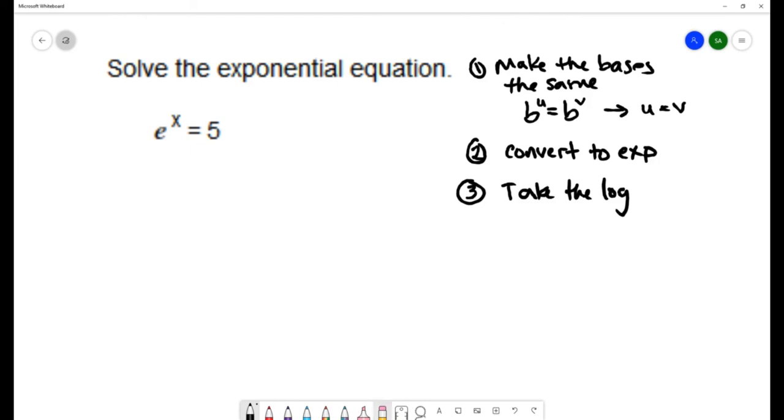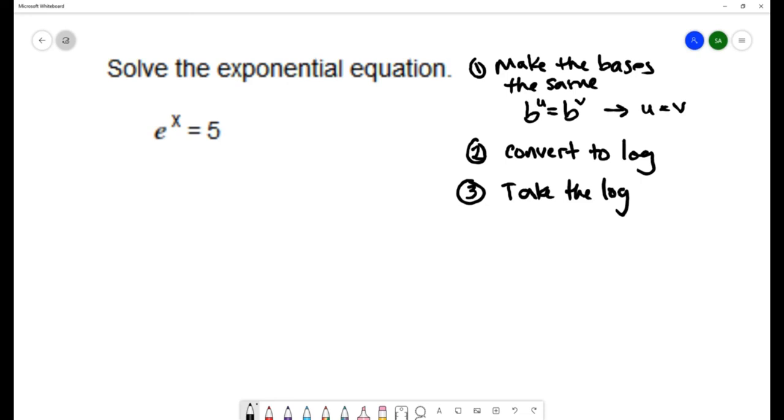I apologize, I stated this incorrectly. This should say convert to a log. So your answers are not going to be as clean and nice, but you can handle a lot more exponential equations with these methods than you can with the first one. So we're going to try both of these methods to solve this exponential equation.